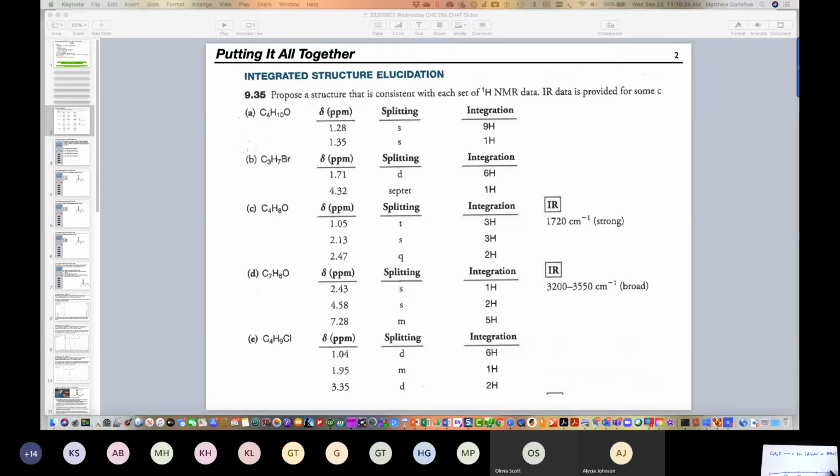So here's a spectrum. We're at about 1.25 here? It's saying at 1.28 there's a singlet. That singlet integrates to 9H. Then at 1.35 we have another singlet. That's 1H.